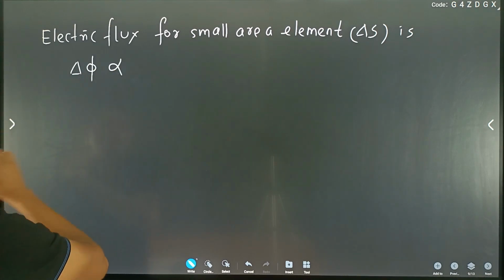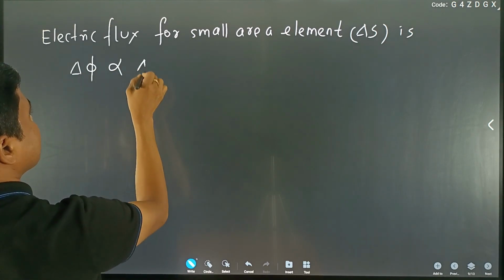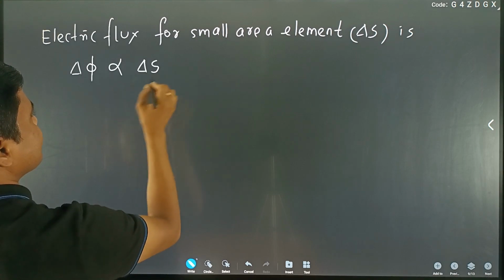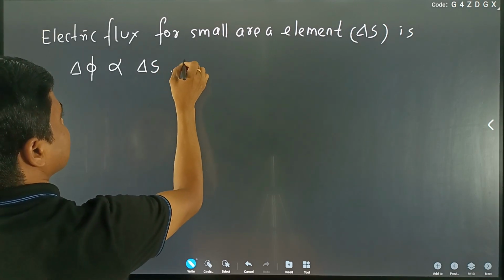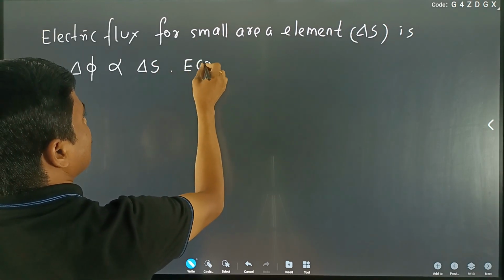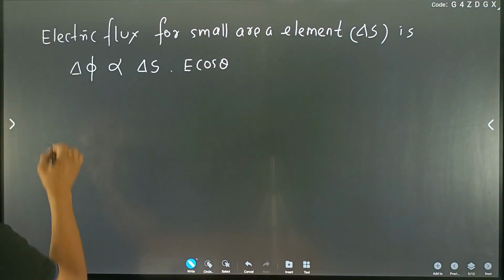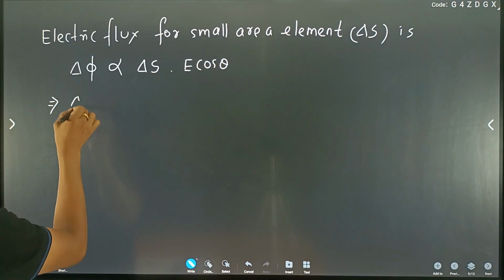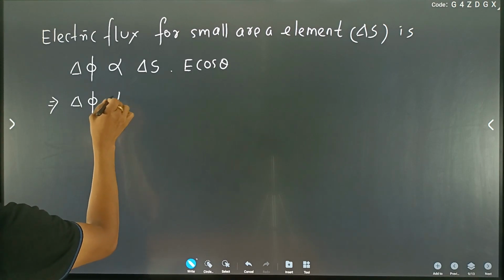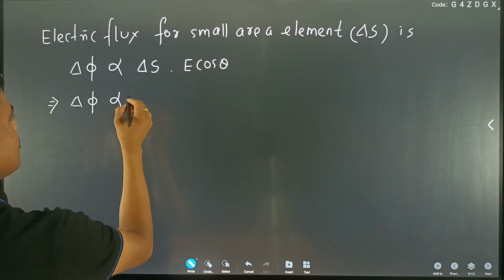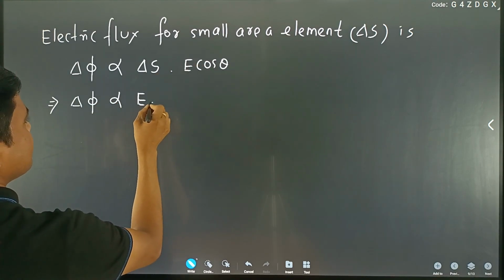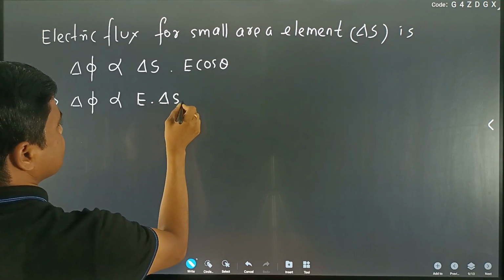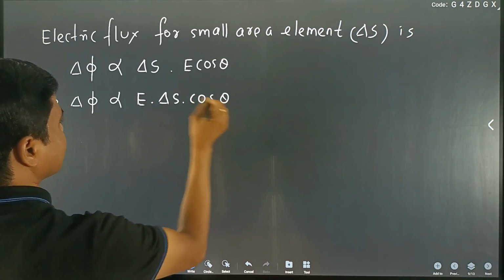Del phi is directly proportional to, first, the small area element del S, and second, E cos theta. Clear? That implies we write del phi is directly proportional to E del S cos theta, same thing.